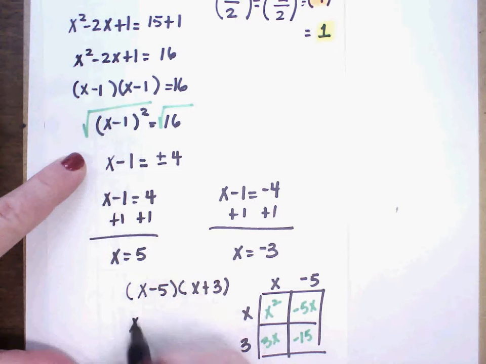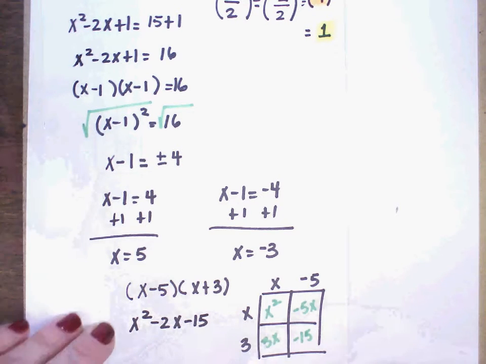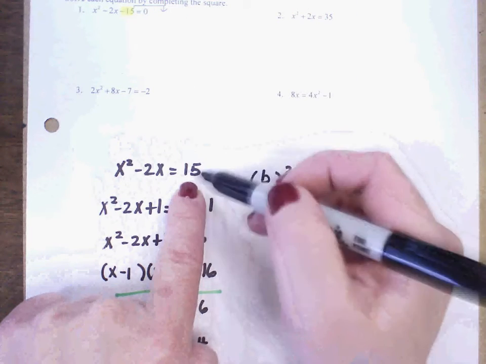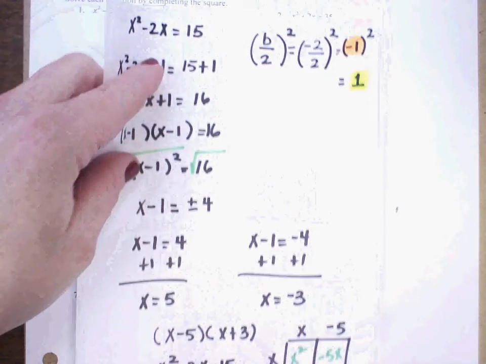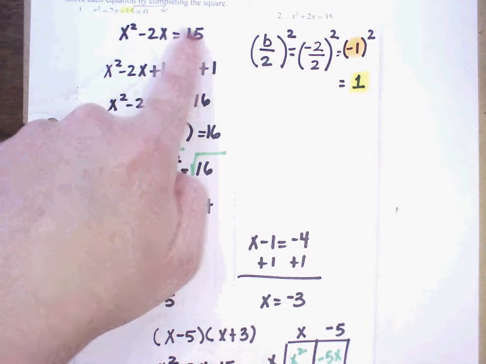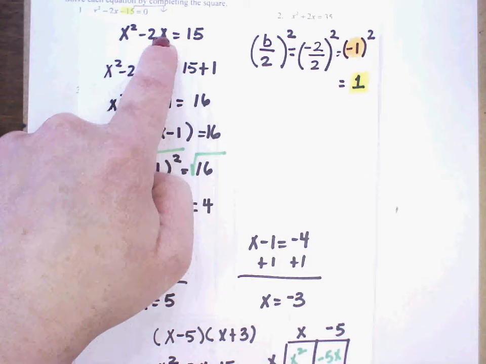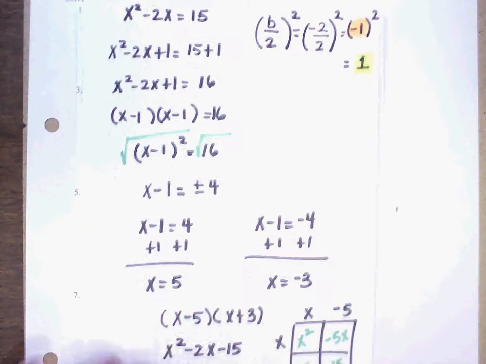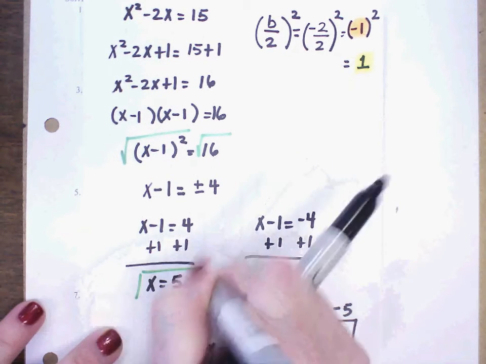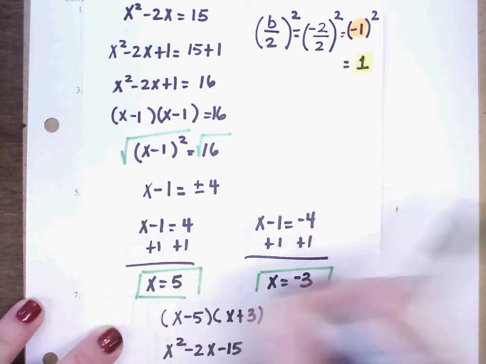So from here I get x squared minus 2x minus 15. Now, what happens if I solve this by factoring? Isn't that 15 when I move it to the other side of minus 15? If I move that 15 to the other side, and if I want to solve it by factoring, I should have a negative 15, right? There you go. So my solutions would be x plus 5 and x minus 3.